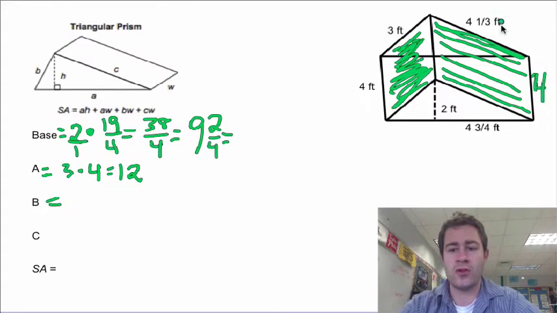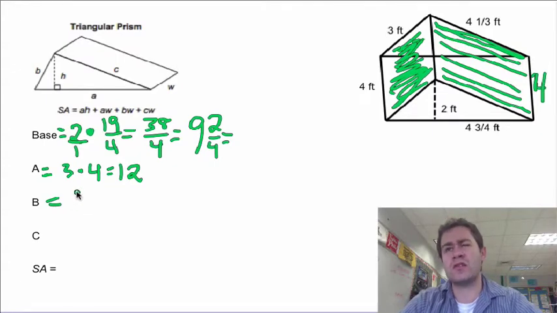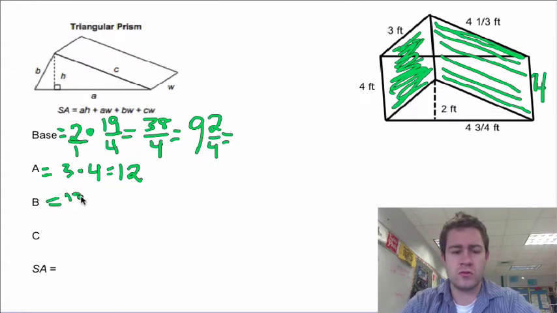So it's 4 1/3 times 4. So we do 4 1/3, which would be the same as 13/3 when I convert it, because I have 4 groups of 3, that gives me 12 plus 1 more, times 4.